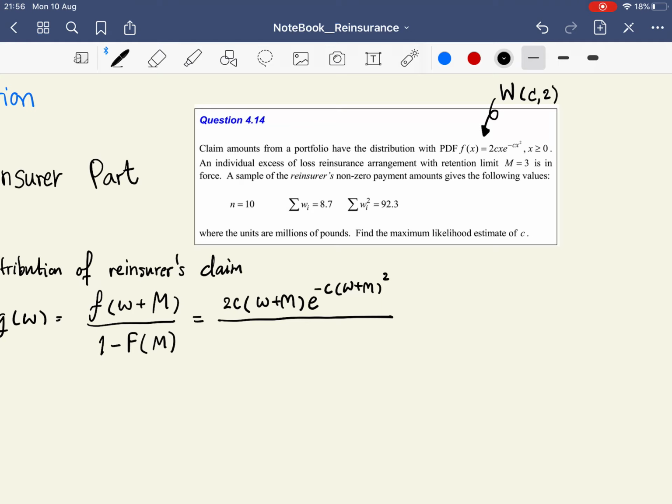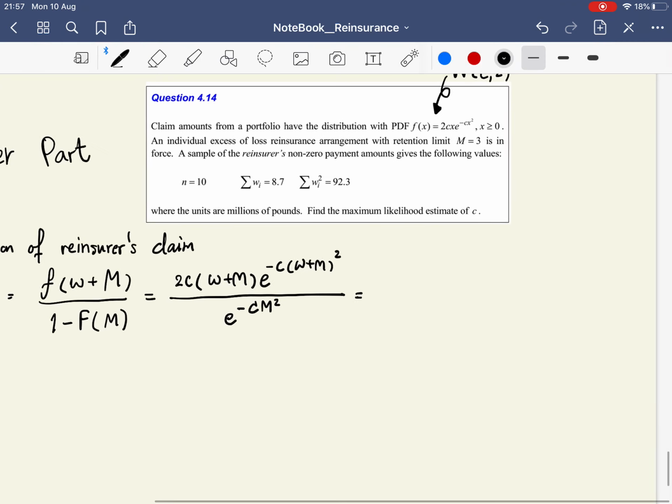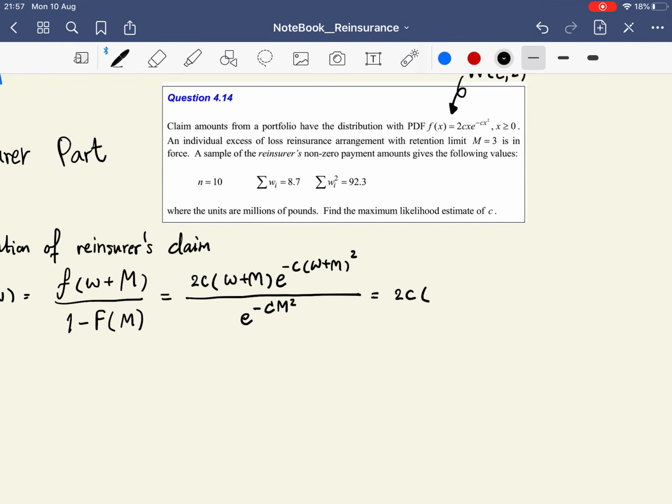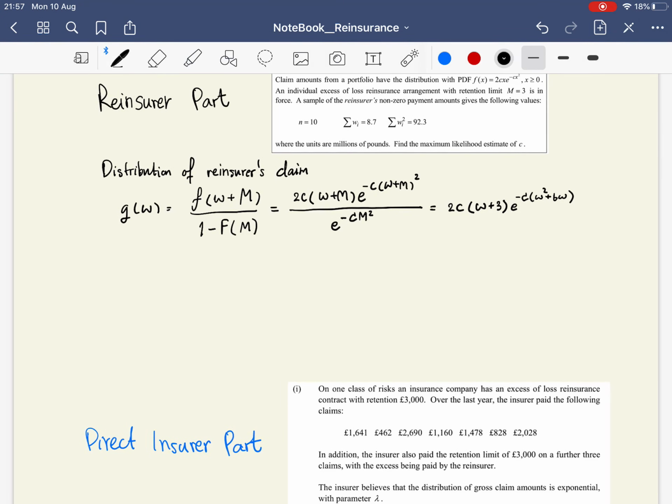But if you recognize it, you can just have a look in a table, and it is e to the power of negative CM squared. And CM squared is here, right? So it will cancel out, and we can do some algebra and come up with this distribution. We substitute M equal to 3, so we have this one, and this is our distribution of the reinsurer's claim.